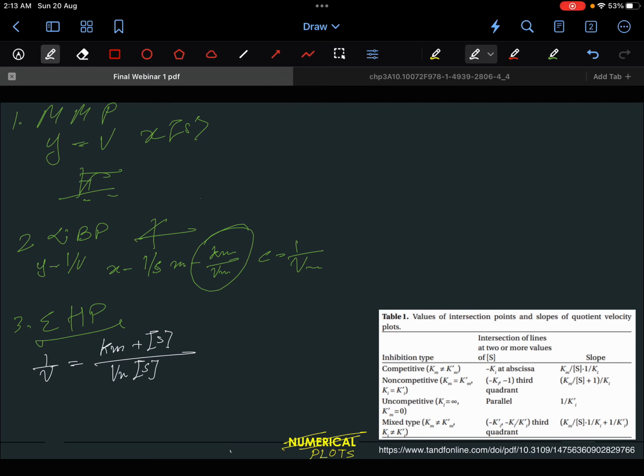Okay, now if we just multiply Vmax on both sides, Vmax by V, I'll just change the ink so that it is very prominent.